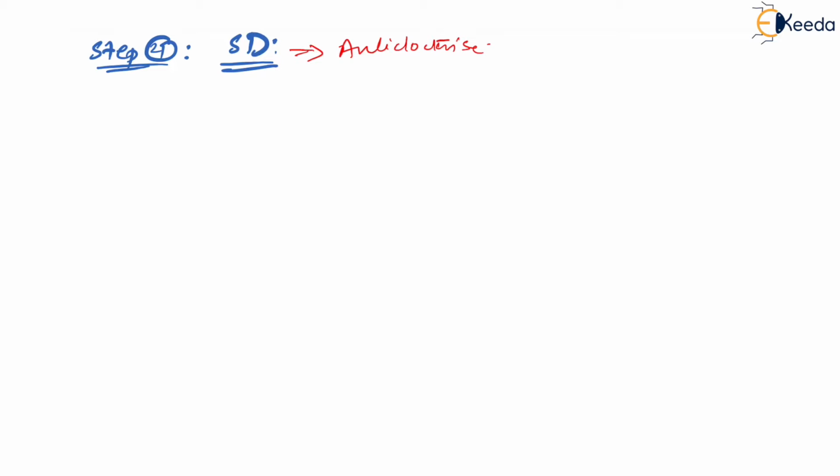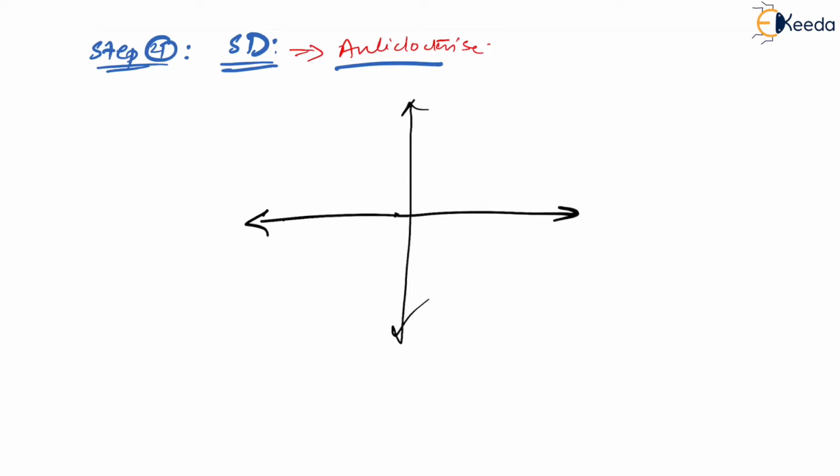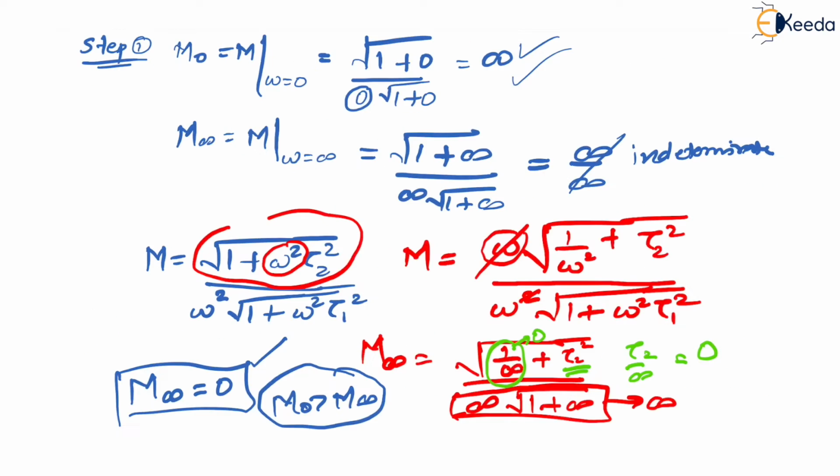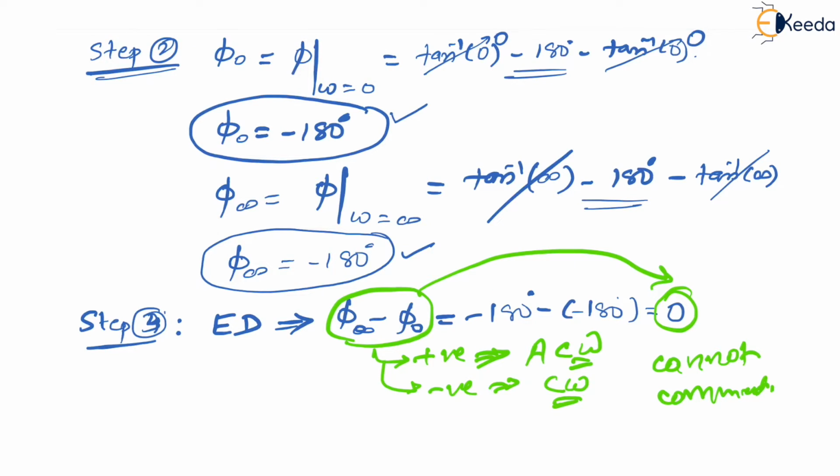Now let us try to draw the polar plot, right? Yes, starting direction is anti-clockwise, but before that, we have to see what is there at starting. If you see M0 at omega equal to 0, your magnitude is infinity and your angle is minus 180 degrees, right?